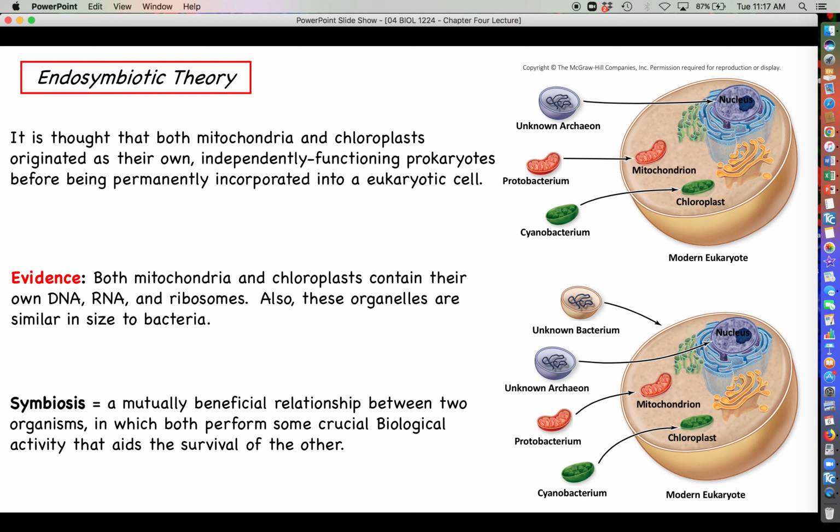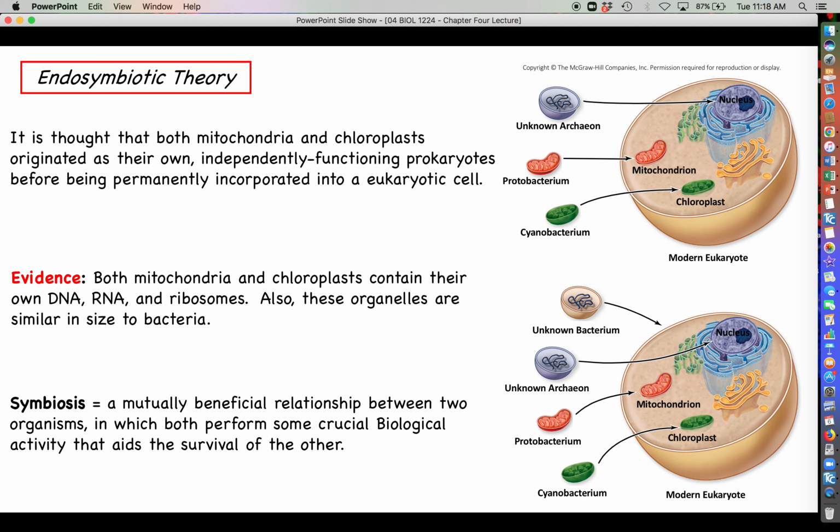So there's a lot of evidence to suggest that at some point in history, mitochondria and chloroplasts were actually independently functioning prokaryotic organisms. And the idea here is that they were engulfed by a much larger cell, and basically they just decided to start living there. So this became a symbiotic relationship between the cell that engulfed the mitochondria and chloroplasts and those two organelles themselves.